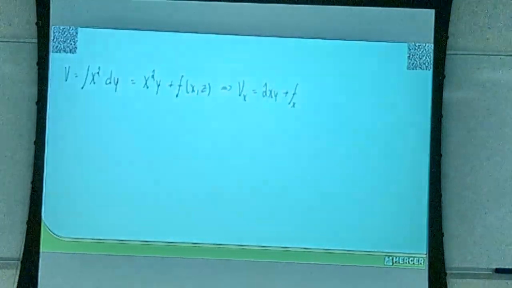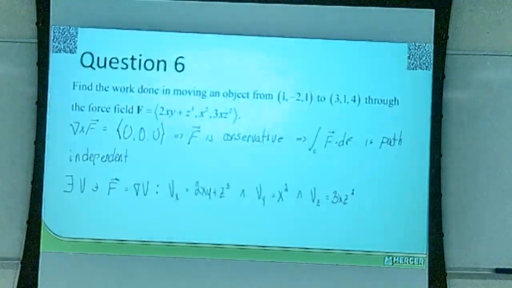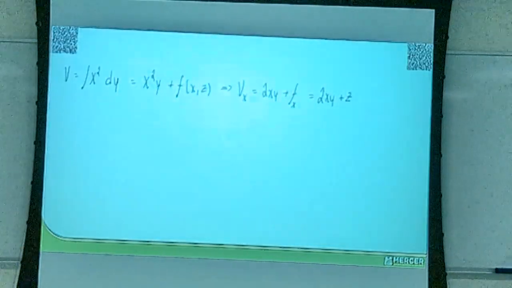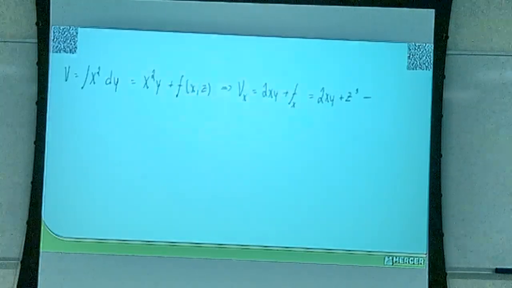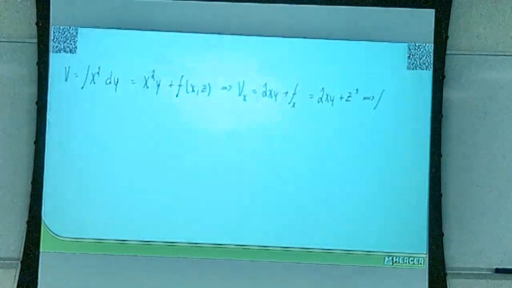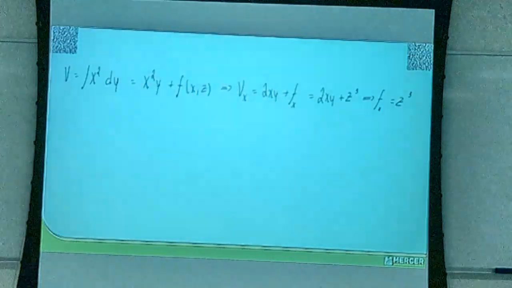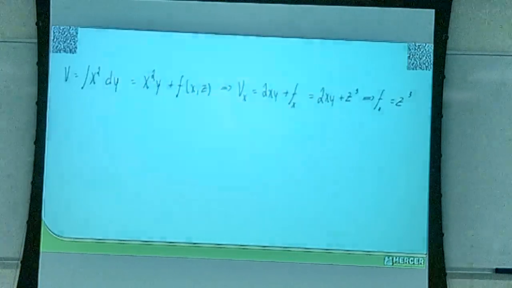But doesn't that have to equal 2xy plus z cubed? That means that your partial of f with respect to x is z cubed.